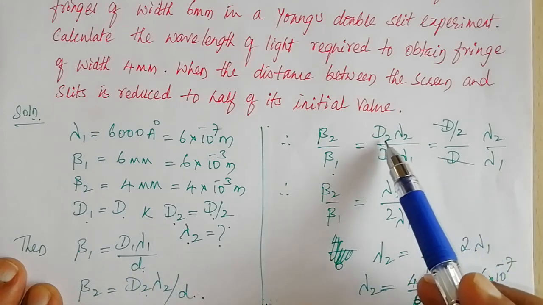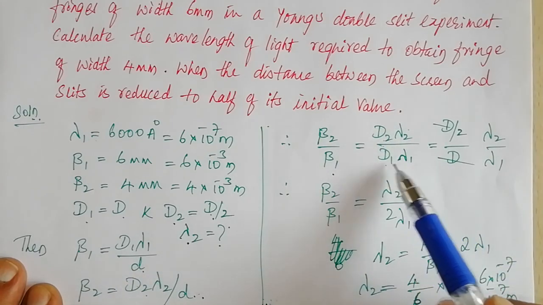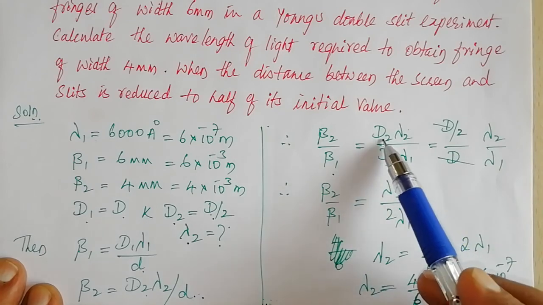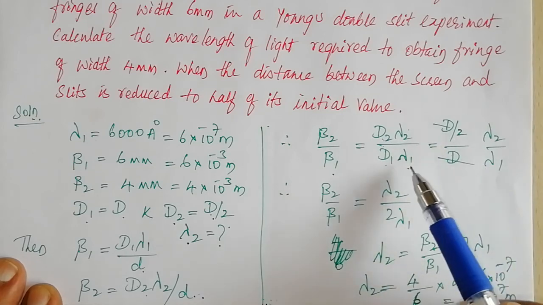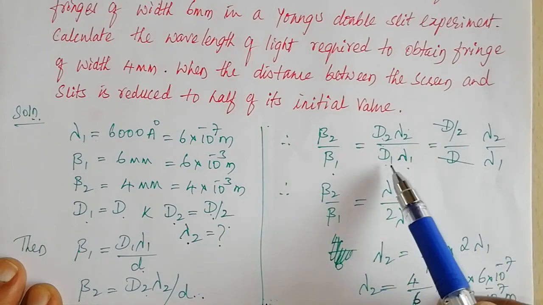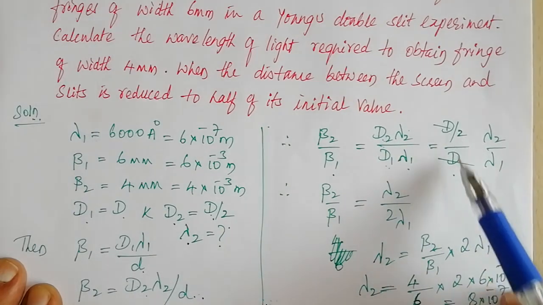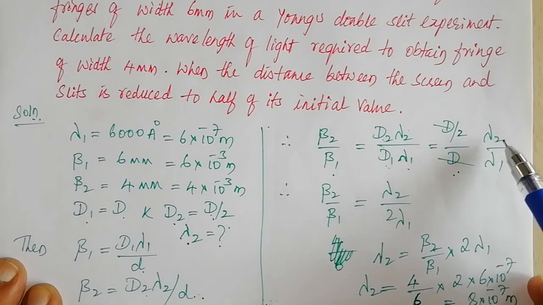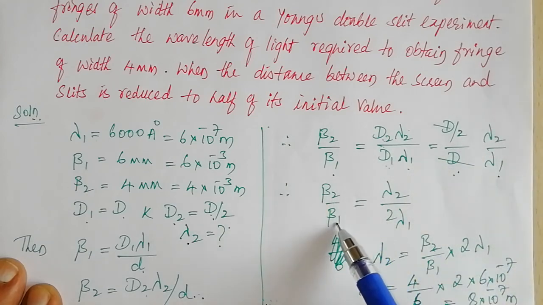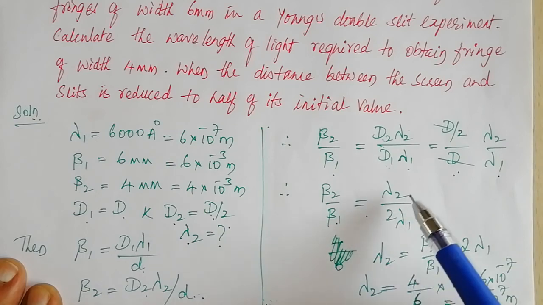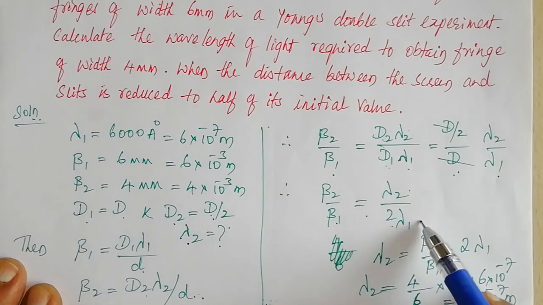So we are left with D2 lambda 2 divided by D1 lambda 1. D2 is half the screen distance of the first case, that is D by 2. D1 is D, D cancels, so beta 2 by beta 1 equals lambda 2 divided by 2 lambda 1.